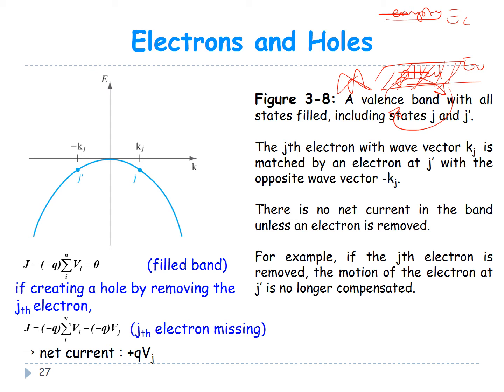such that you have no net motion of electrons. But now if you create an electron-hole pair where you have an electron here and a hole there, then the net current is going to be equal to plus Q Vj.